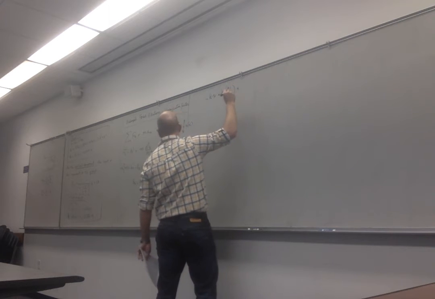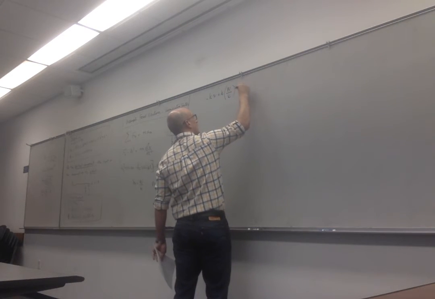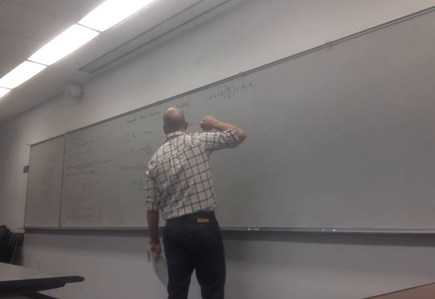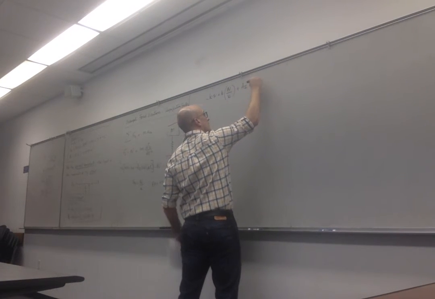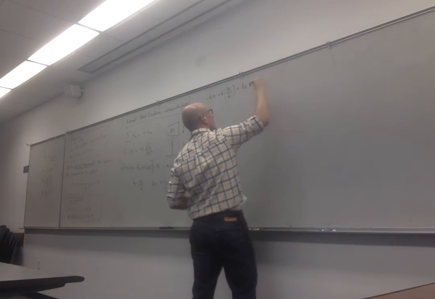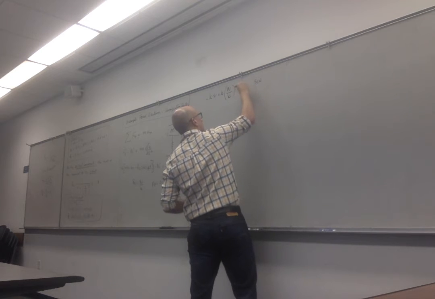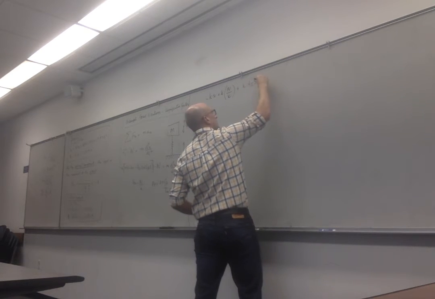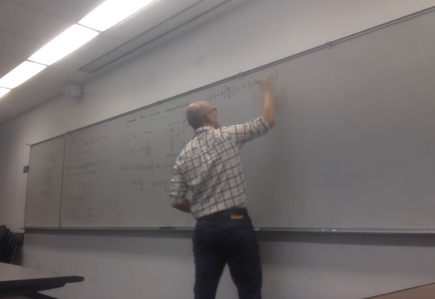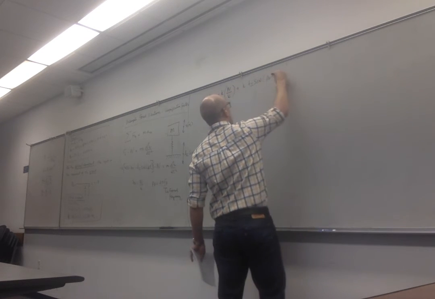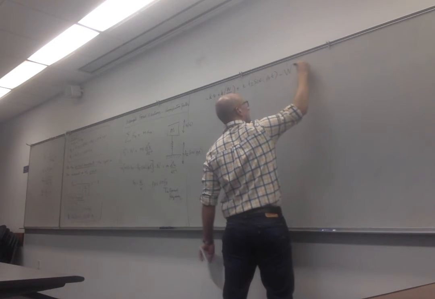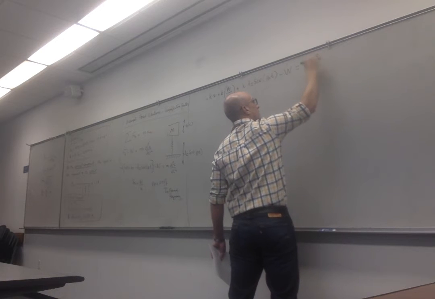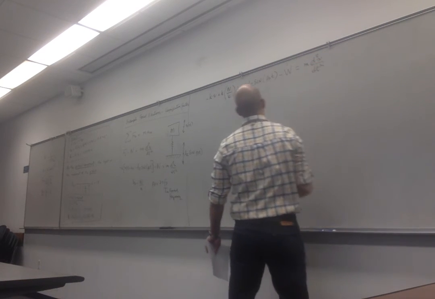It's going to be plus a sub I k sine, actually I should write this k a sub I sine of p sub f times t. This minus w equals m d squared x dt squared.